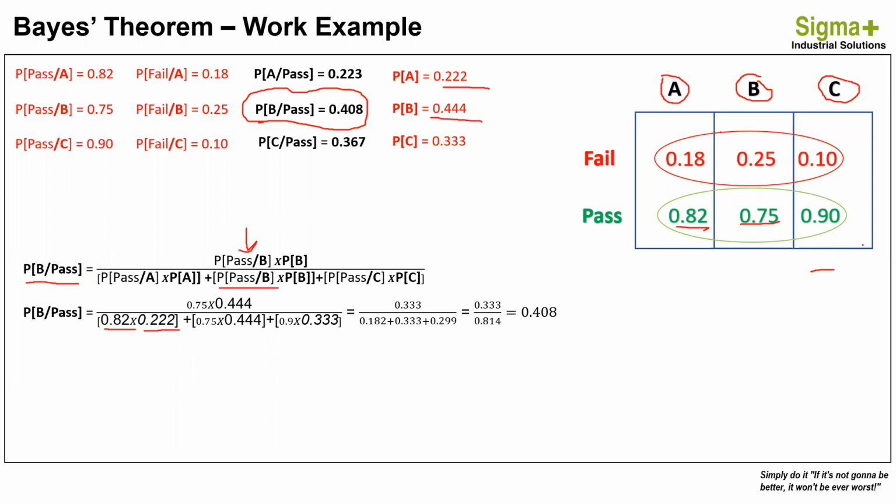plus the probability of pass subjected to B. So the probability of pass subjected to B is 0.75, right? As I'm pointing, multiplied with the probability of B, which is 44.4%, plus the probability of pass subjected to C, which is 90%, so it's 0.9 multiplied with the probability of C, which is 0.333.